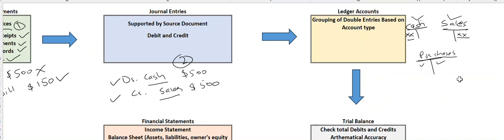But normally, practically speaking, you won't really see this T account in the ERP systems, the accounting systems that are being used in businesses. You don't really visually see the T account system. It's not necessarily so, they could be, but normally you won't really see such accounts on the system.